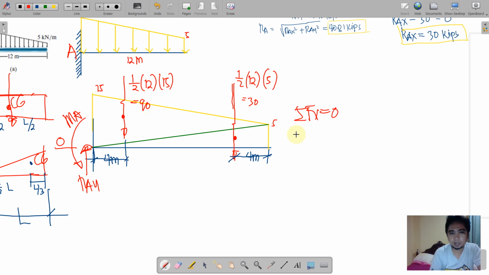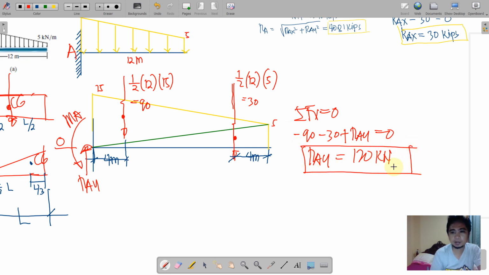So we have negative 90 minus downwards 30 plus going upwards RAY. This is equal to 0. And again, this is just the sum of the downward forces. So 90 plus 30, that is 120. Okay, kilonewtons. So this must be the answer for RAY.